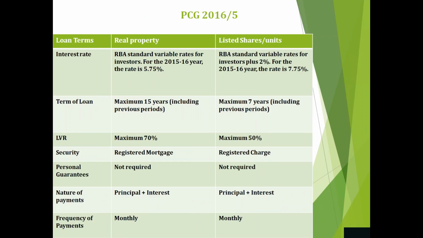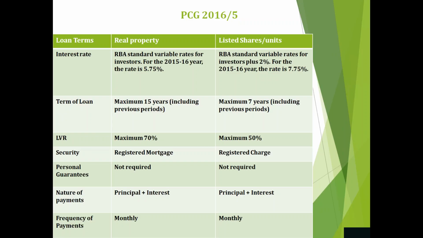Moving on again, the guidelines specify compliance along 7 areas, which are interest rates, term of the loan, loan-to-value ratio, security, personal guarantees, nature of payments, and frequency of payments.